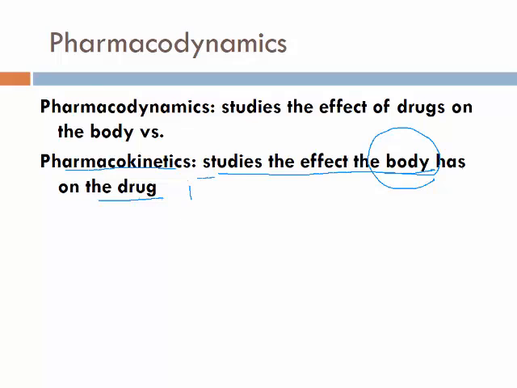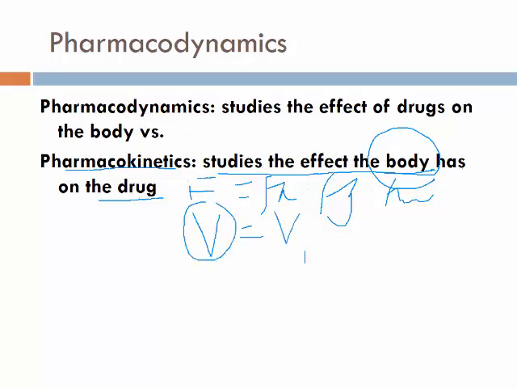So it's going to be changed by bioavailability, which we know is determined by Fa, Fg, and Fh. It's going to be moved around in the body depending upon the volume of distribution, which is really about binding, right? And it's going to be eliminated, which clearance is a little more complex.